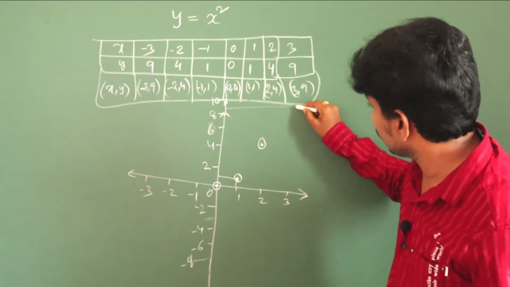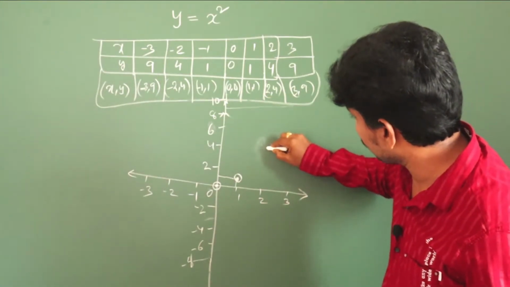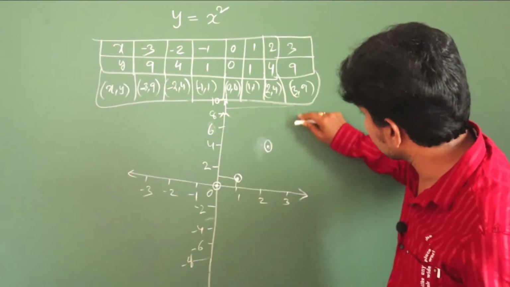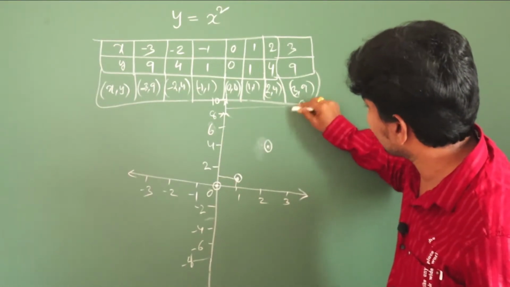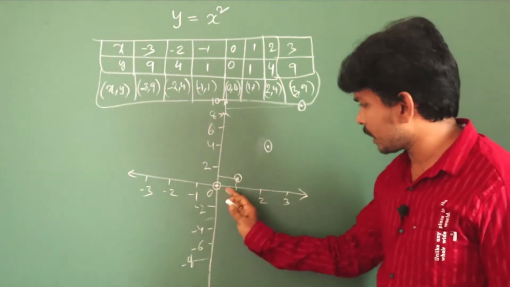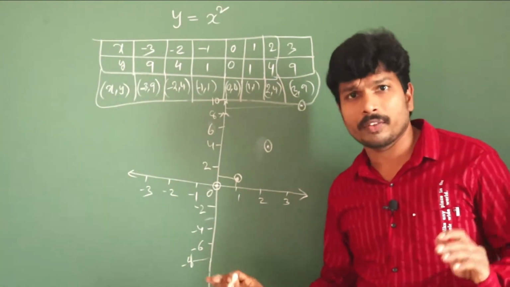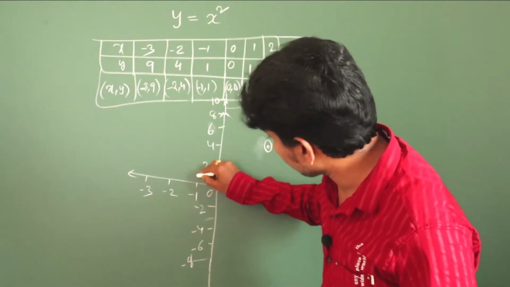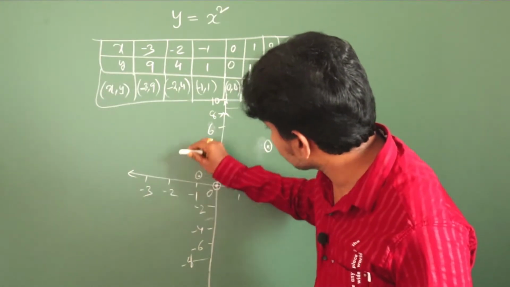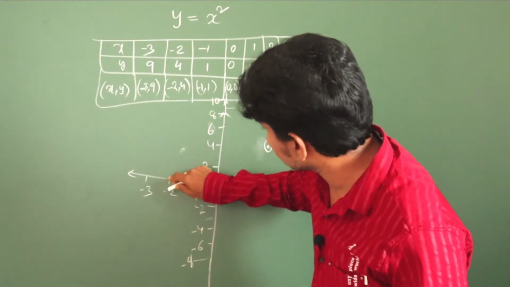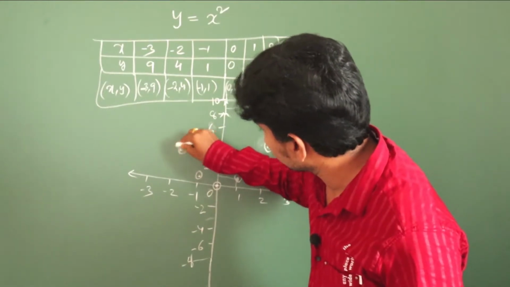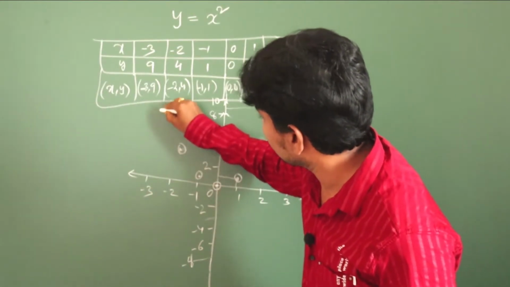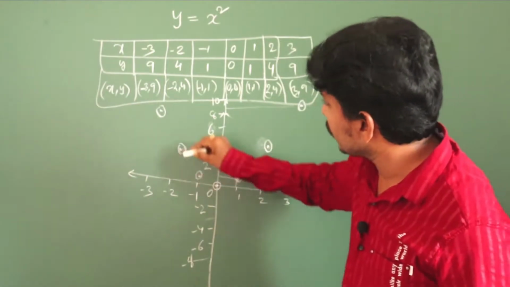I am taking it approximately, it is not exact. If you take graph paper, then definitely you will get exact. Minus 1 comma 1 here. Minus 2 comma 4 here. Minus 3 comma 9 here.